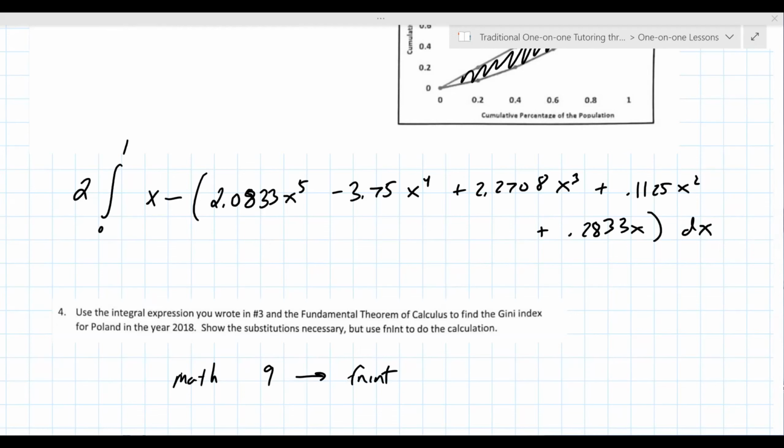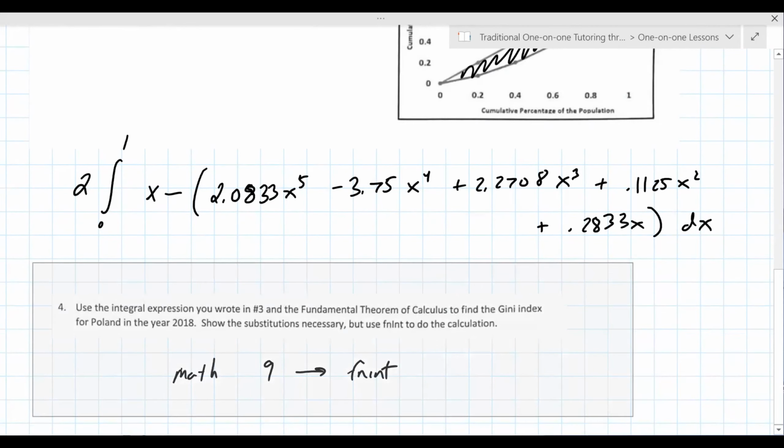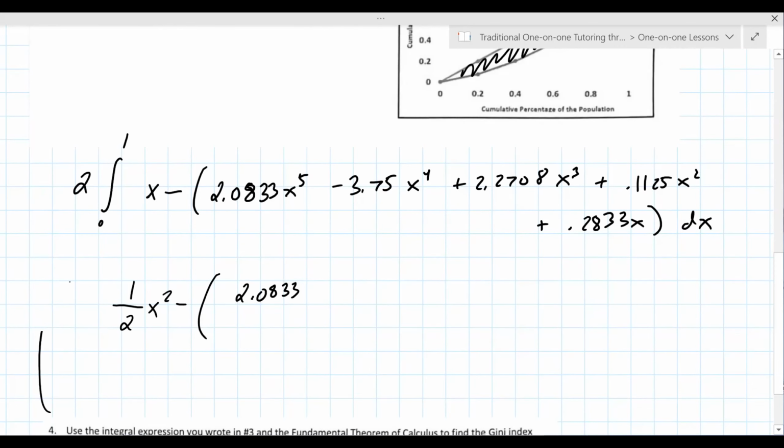Actually, could you show me what the antiderivatives would look like on this? For this one or the previous one? For number 3, please. Okay. Let me move all this down. So it would be 1/2 x squared minus 2.0833. Actually, this would be part 4. You'd want this x to the 6 over 6.